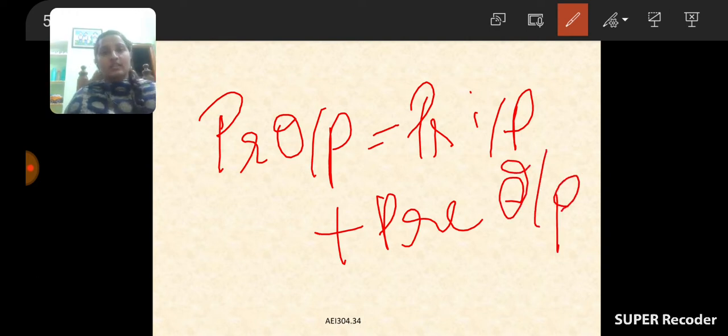In combinational logic circuits, the present output depends only on the present inputs, but here the present output depends on the present input and the history of previous output. This is the principle involved in sequential logic circuits. Is it clear? Okay, see here now.